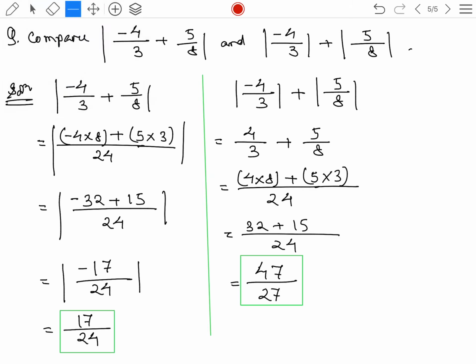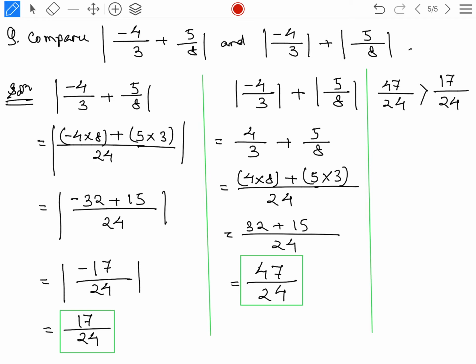Wait, I wrote 27 by mistake, it will be 24. Okay, I made a mistake. 47 by 24 will be greater than 17 by 24.